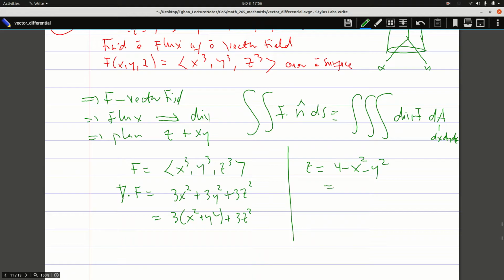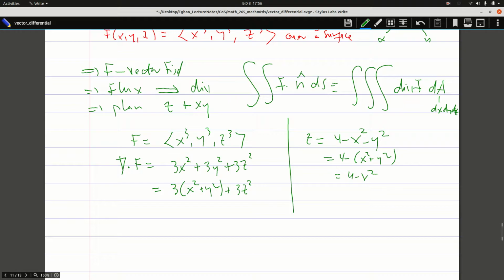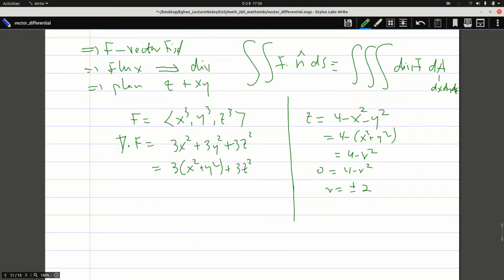If I set this to 4 minus (x squared plus y squared), you realize I'm going to have 4 minus r squared. If I set this to 0, it means I have 4 minus r squared equals 0, and then my r becomes plus or minus 2. Okay, so what can I do?